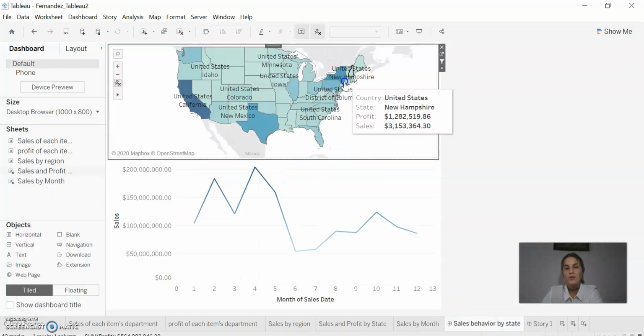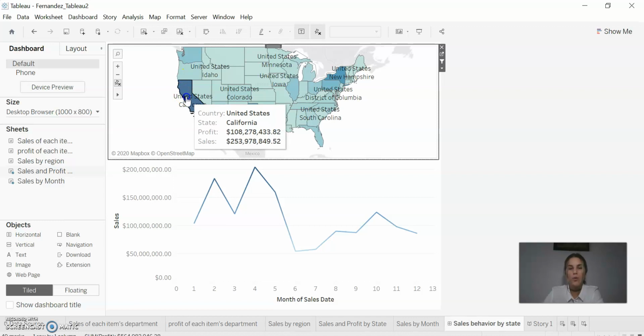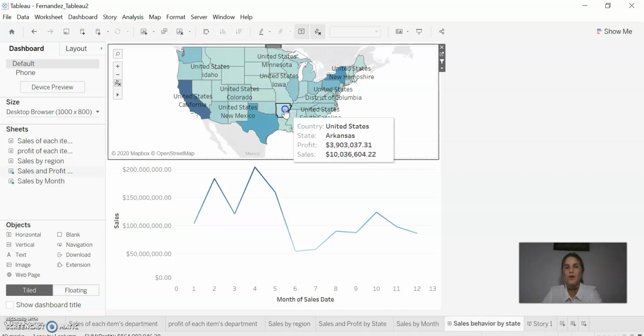Also, you can see that, of course, the states that are closer to the water are the ones that are selling more of these types of items, which is pretty logical, because why would someone in Iowa or Nebraska or South Dakota want a boat if there's no water around?